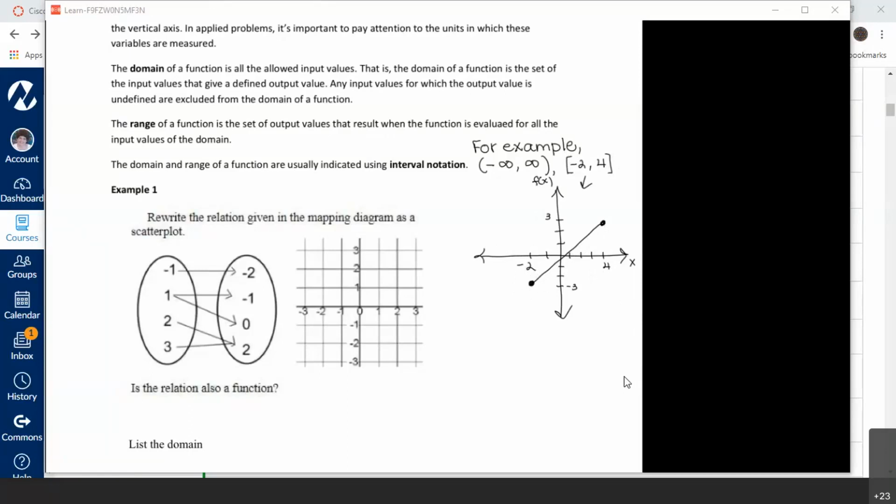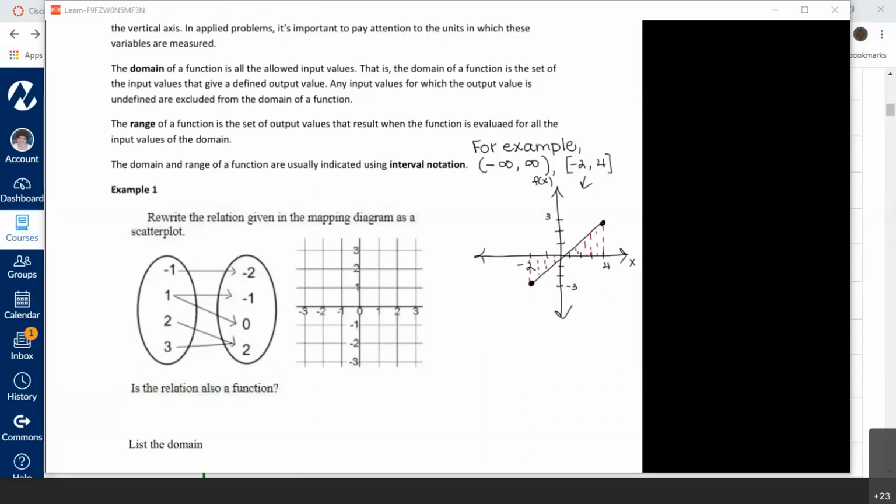A good way to visualize domain and range with a graph is to imagine you're riding along the function, and you're looking back at the x-axis, and you're looking at all the values you can see from your window on the function. And you can tell I can see everything from -2, including it, all the way to 4, including it. So that's how I would describe domain.